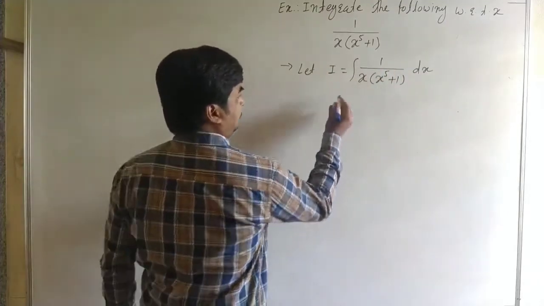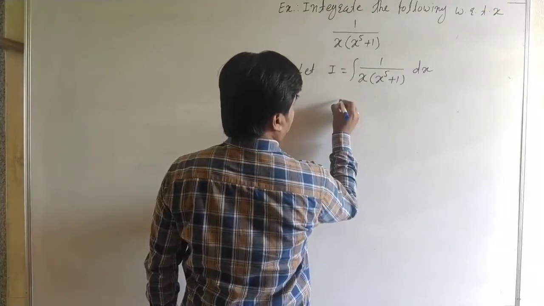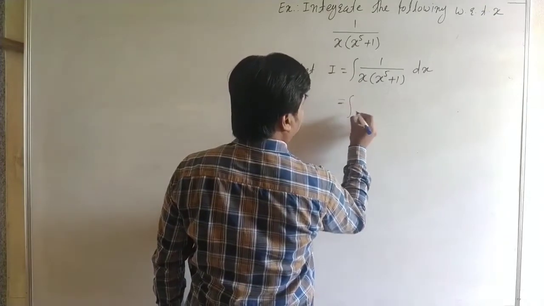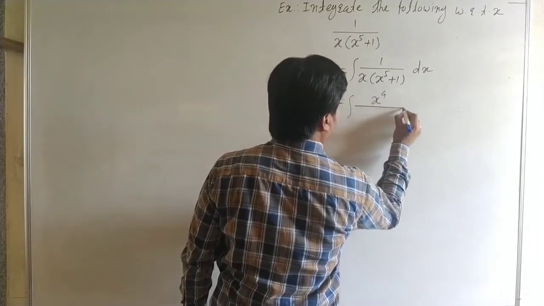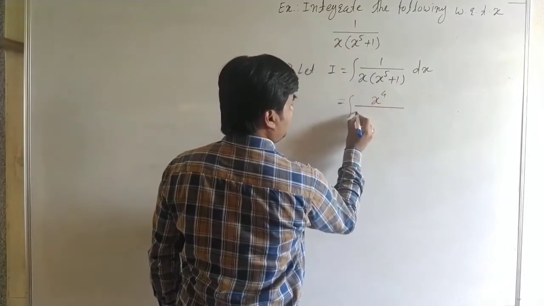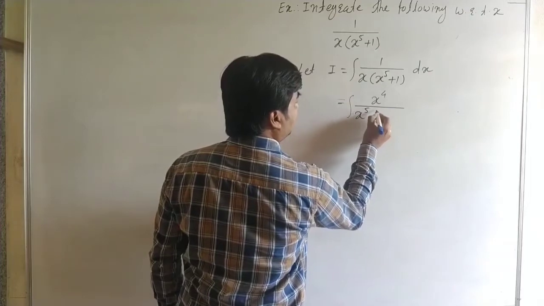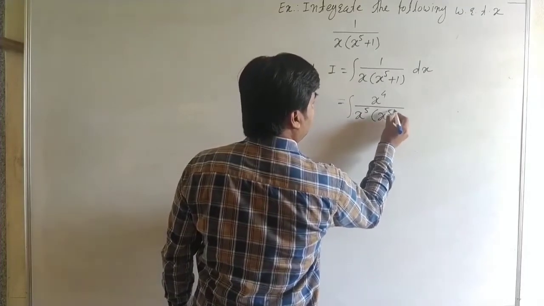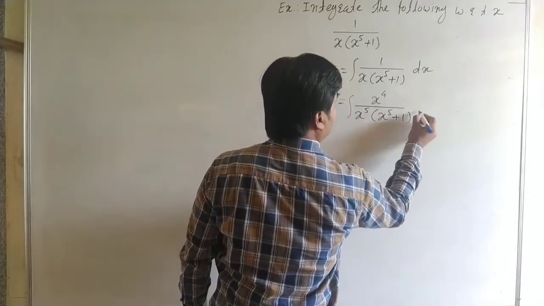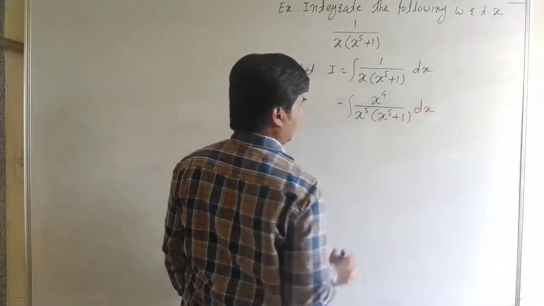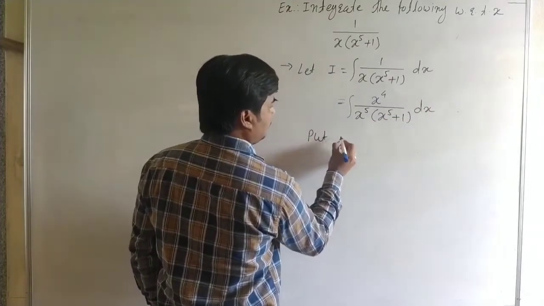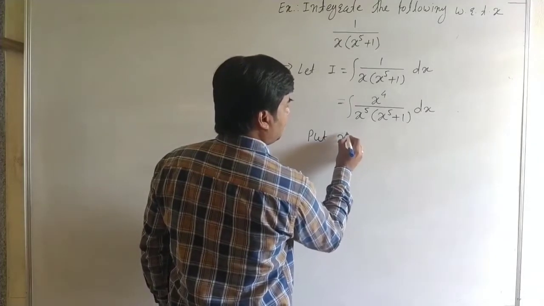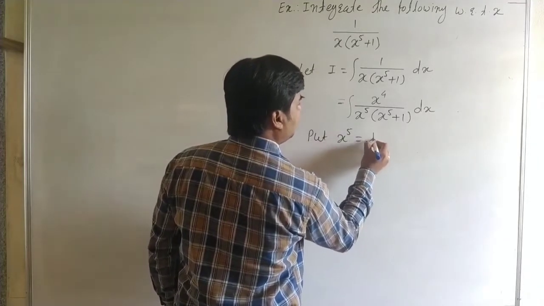Now multiply numerator and denominator by x to the power 4. So it is x to the power 4 upon, it is already x, so here we can write x to the power 5 into (x to the power 5 plus 1) dx. Now put x to the power 5 equal to t.